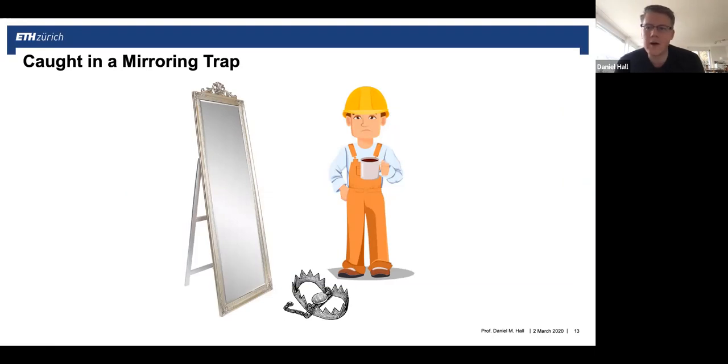If I would say that another way, it would be that a structural engineer only knows about structural engineering and knows very little about architecture. And an architect might only know about design, but knows very little about construction management. And a supplier might know a lot about mechanical piping, but doesn't know anything about the needs of the insulation or the concrete or something like this. So we have this mirroring trap where everyone just knows their little piece of the puzzle, but no one is able to reimagine the entire system.